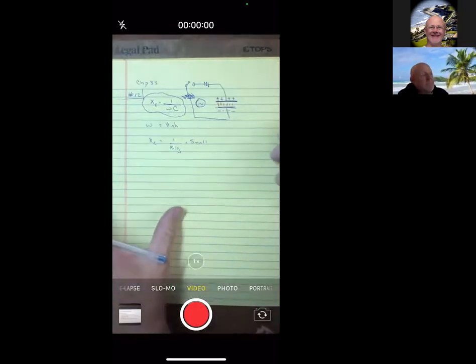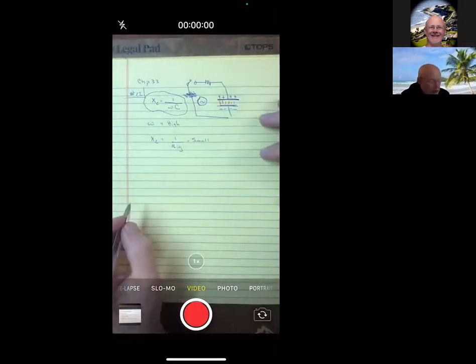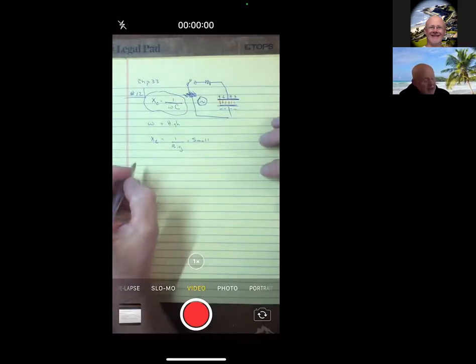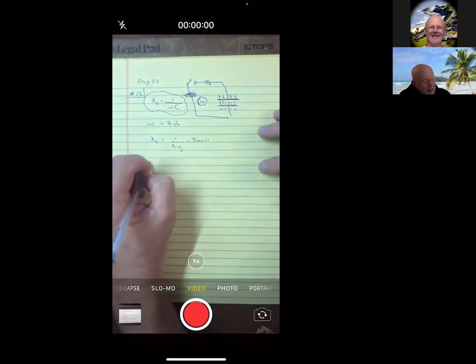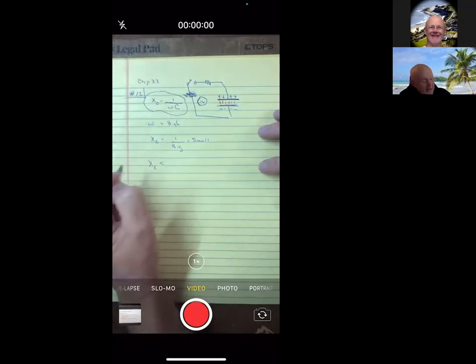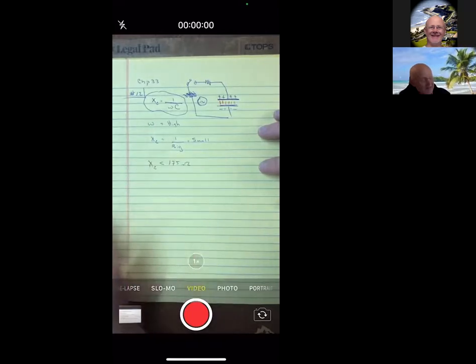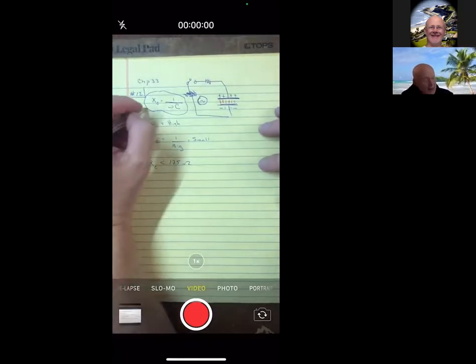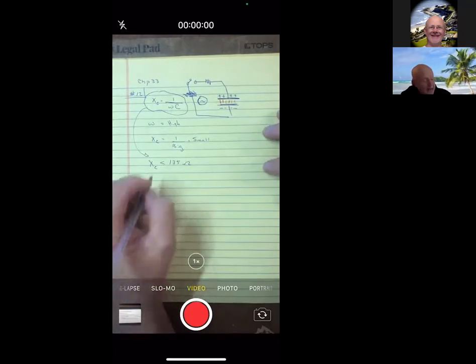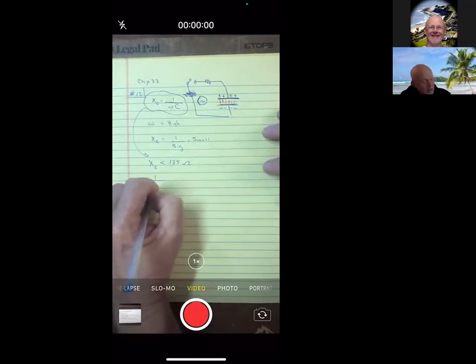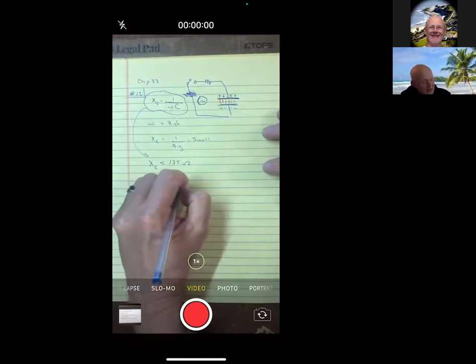So if I put that into math equations, it says this. It says, when is the reactance less than 175 ohms? And the equation for the reactance of a capacitor is 1 over omega C.